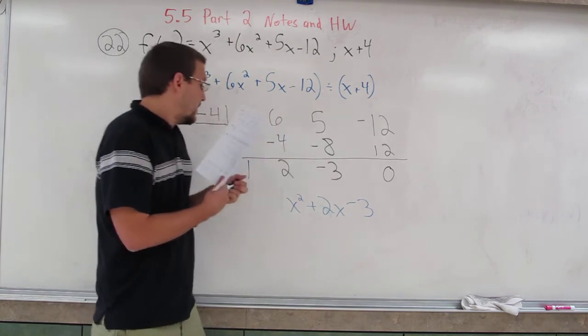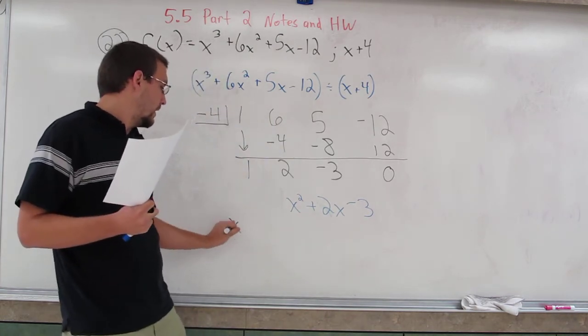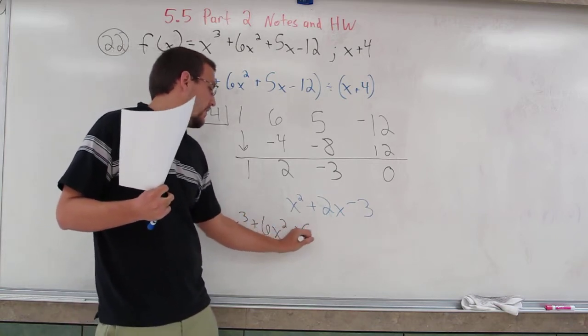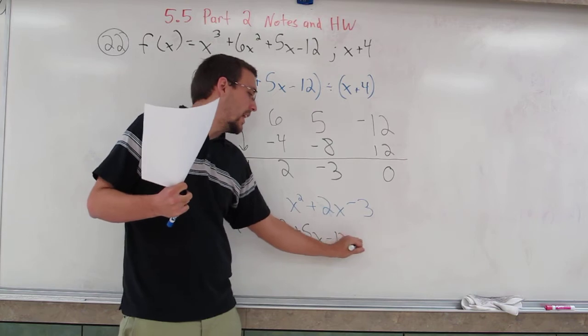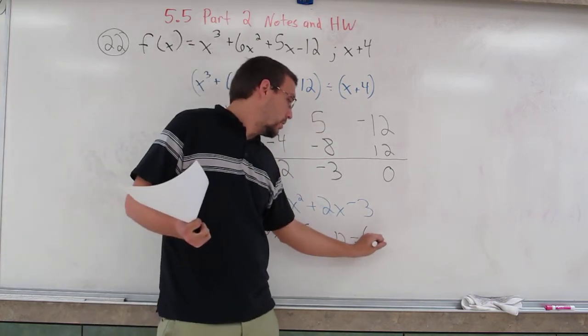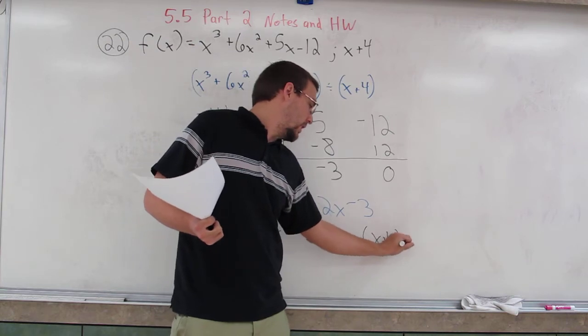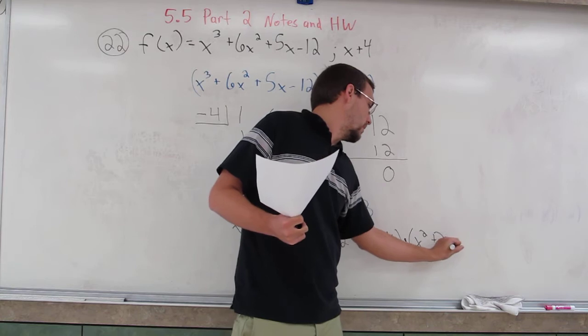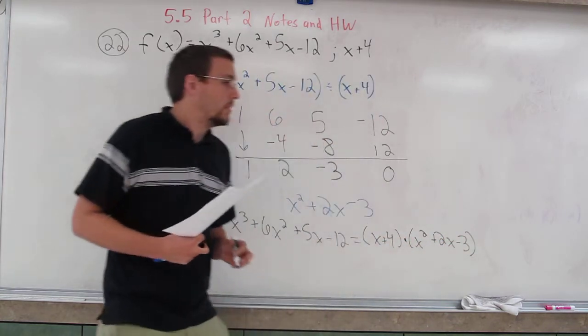So that tells me I can take my original polynomial, x cubed plus 6x squared plus 5x minus 12, and write it as a product of its factors: x plus 4 times x squared plus 2x minus 3.